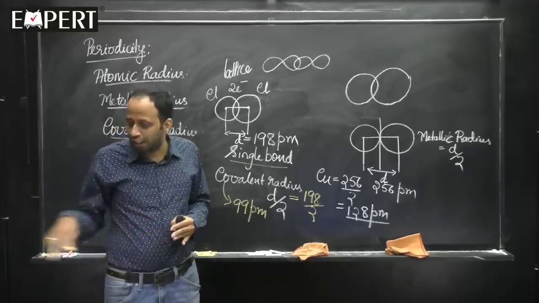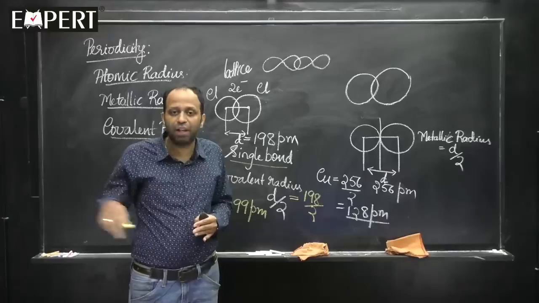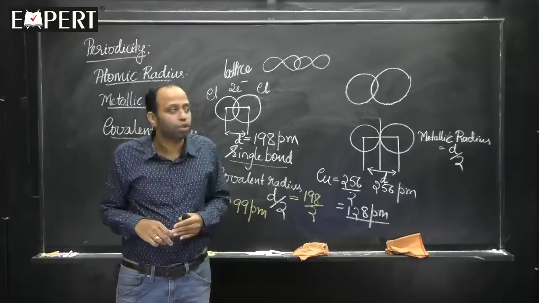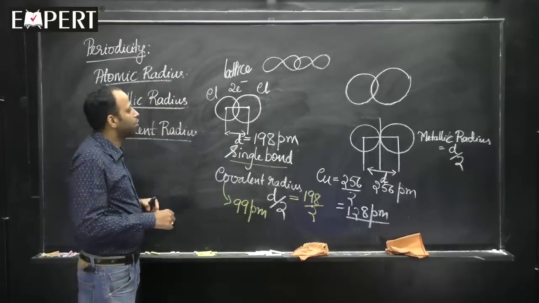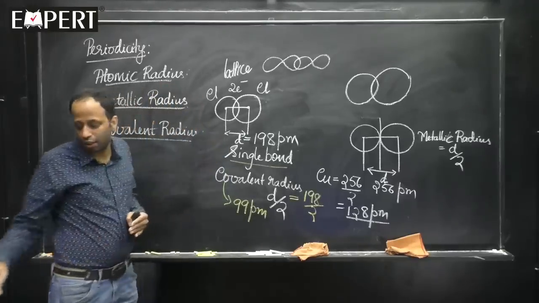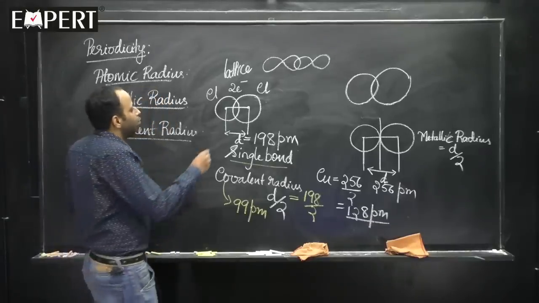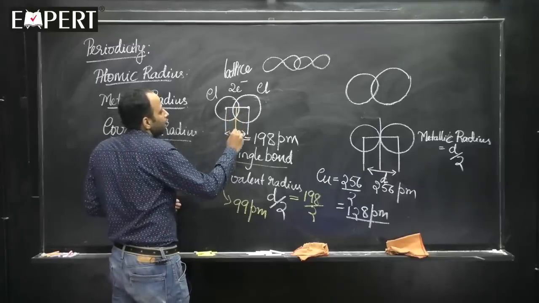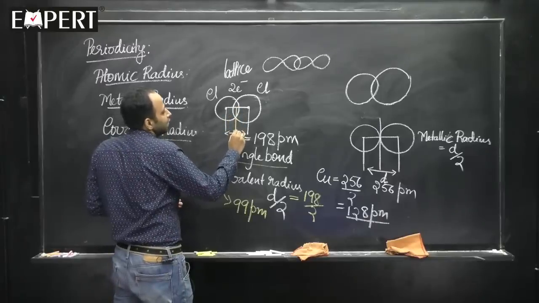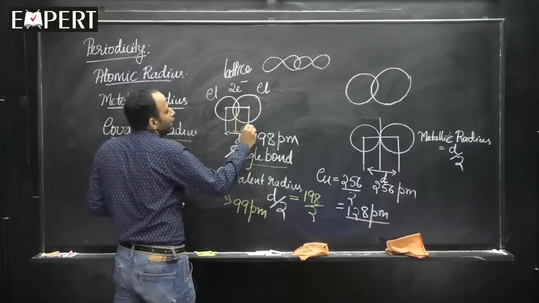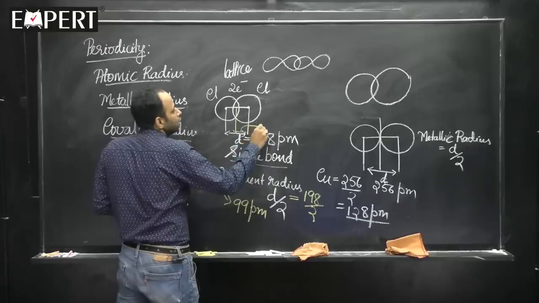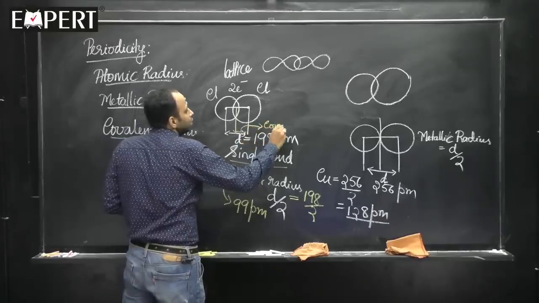The same definition, I think it is there in the chapter, in the page of 94. So, what you can do is you can draw this diagram there, beside metallic radius and covalent radius. So, in both of the cases here you will have this distance. Okay, this distance is called as the covalent radius.